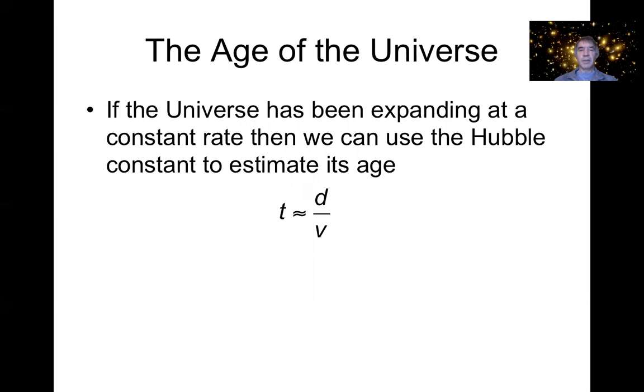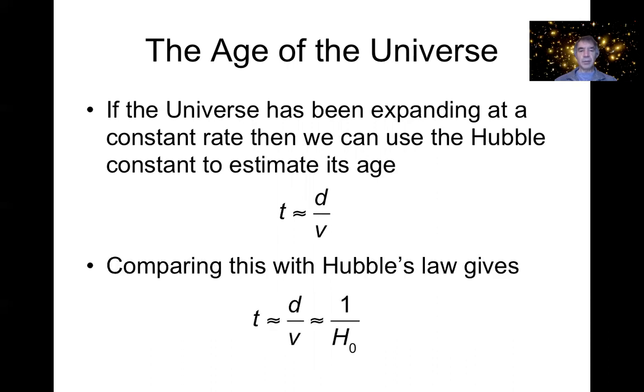The time it takes to travel some distance d at some speed v is just d over v. That's dimensionally what time means, in terms of distance and velocity. So we can take Hubble's law and look at what d over v is, and it's just approximately 1 over H0. This is more of a dimensional kind of argument.